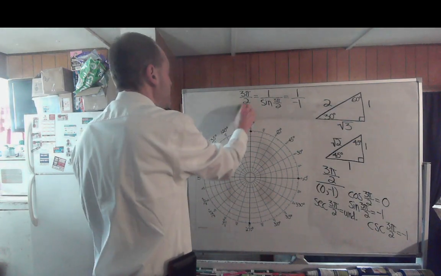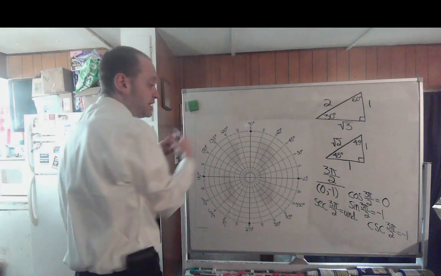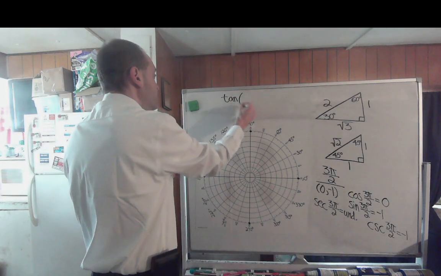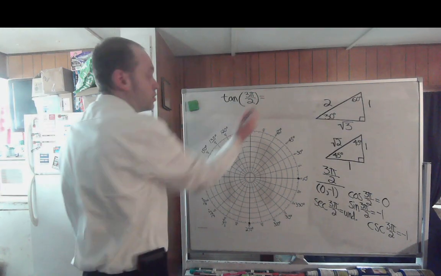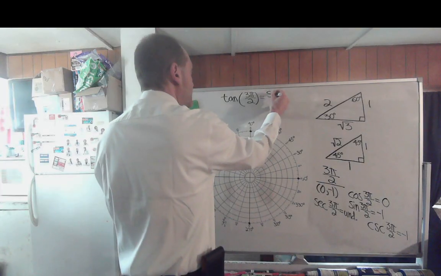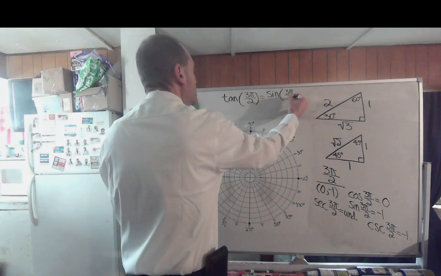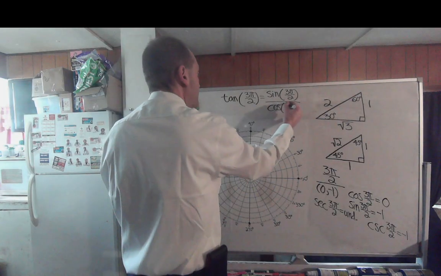Alright, then we'll do the tangent and cotangent. Last but not least, the tangent and cotangent. So the tangent of 3 pi over 2, that of course is the same thing as the sine of 3 pi over 2 divided by the cosine of 3 pi over 2.